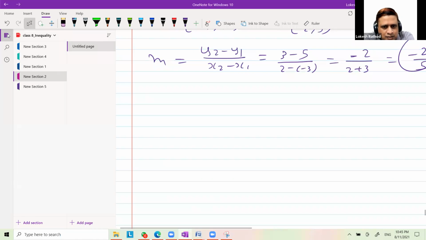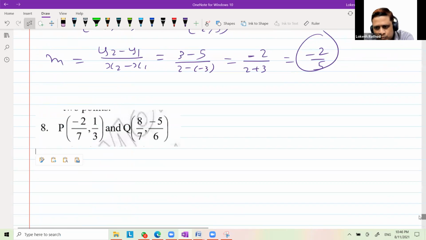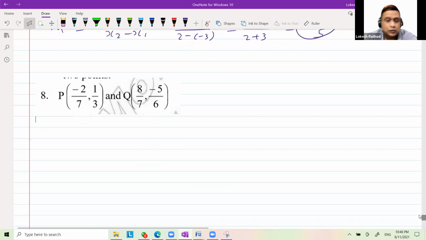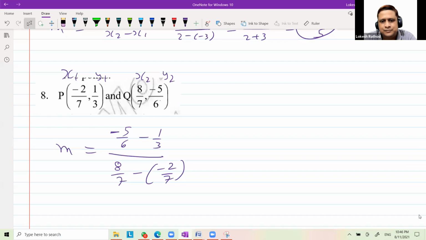So it's like this. I want the slope of the line passing through the points. The slope is given by change in y coordinates. So it's -5 over 6 minus 1 over 3. That is, say this is x1, this is y1. This is x2, this is y2. So it's y2 minus y1. It's -5 over 6 minus 1 over 3, right? Over x2 minus x1. That is 8 over 7 minus 2 over 7.